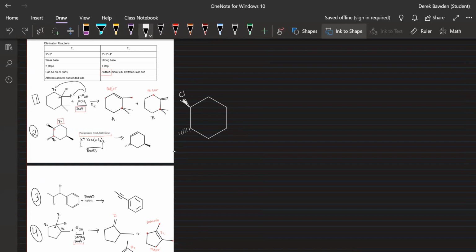We have potassium tert-butoxide. Used to seeing that base. All right. So this is going to be E1, right? Because we have a, sorry, E2.